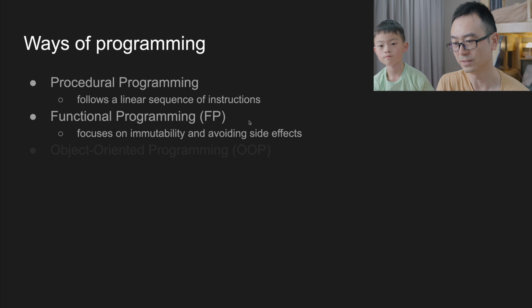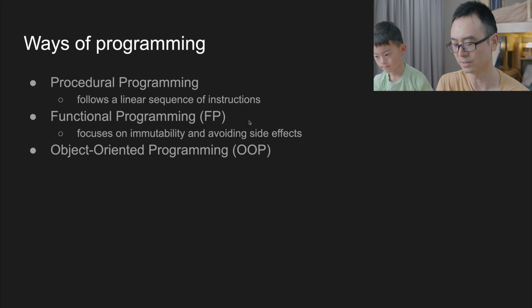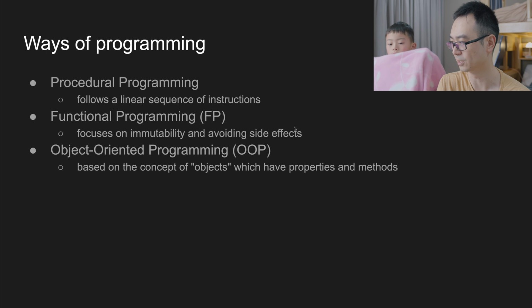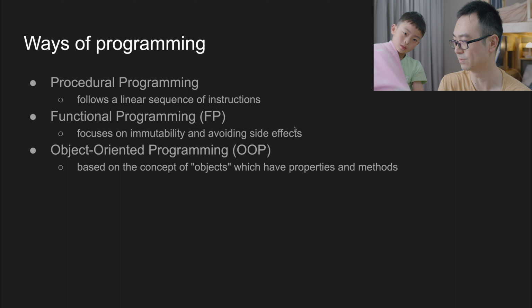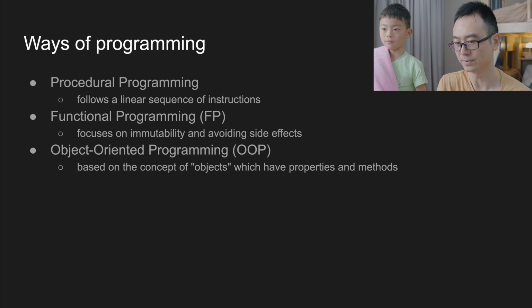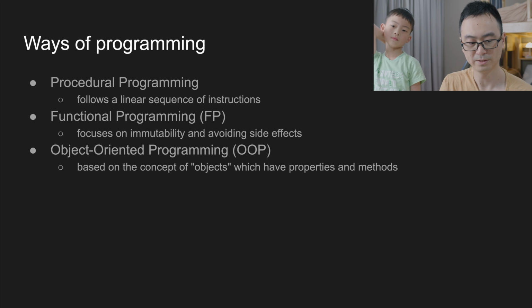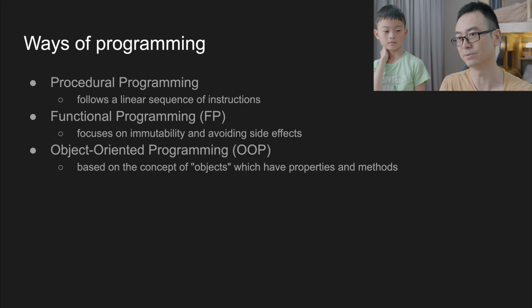The other way is called object-oriented programming, OOP. That one we will talk about in later episodes. Basically, for now, you just need to know it's focused on objects. An object is like in the real world. Everything is an object. For example, this is a phone object, right?